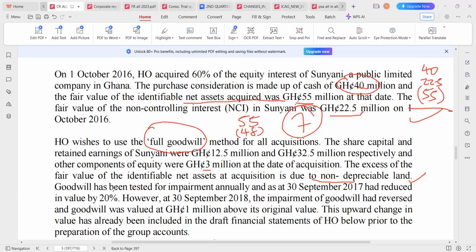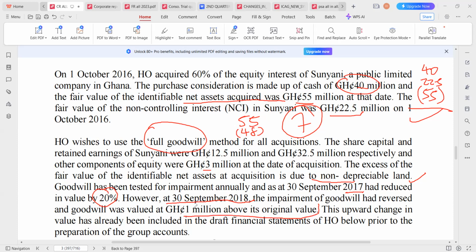So that is all. They say goodwill has been impaired by 20% as at 30th of September 2017, that is, at the end of last year. However, at 30th September 2018, the impairment of goodwill had been reversed, and goodwill was valued at 1 million above the original value.